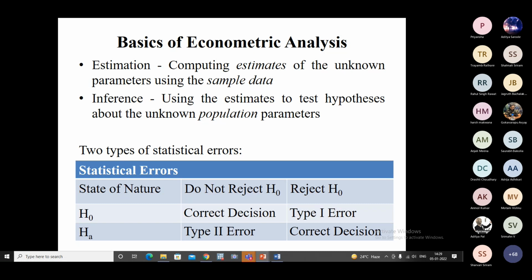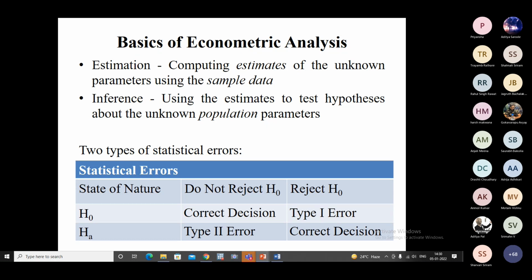Say, for example, often we say that 1% significance level would give better conclusion vis-a-vis 5% significance level.